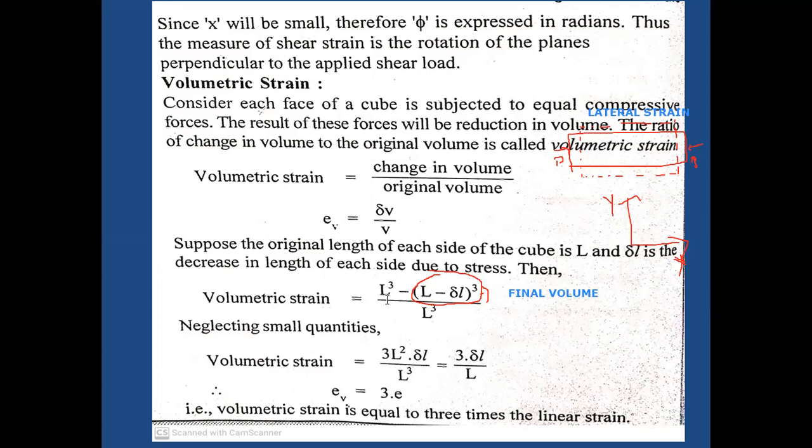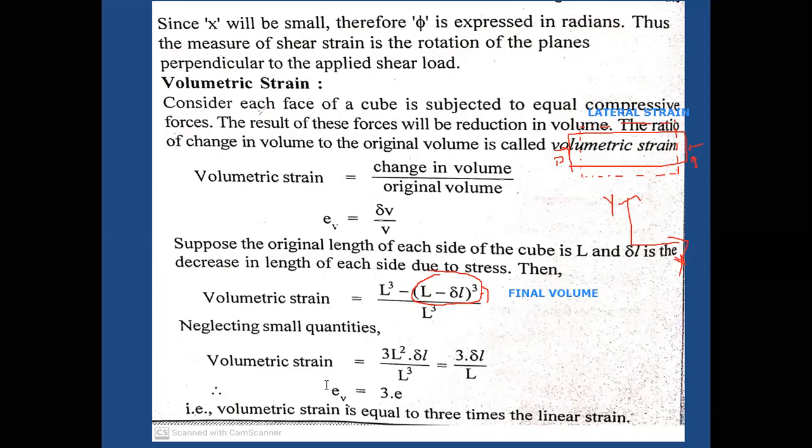So initial volume minus final volume, with reference to the original volume, which we consider as the reference. So with reference to the original value, how does the material change its volume? Neglecting small quantities, like delta L cube, we can consider small values.